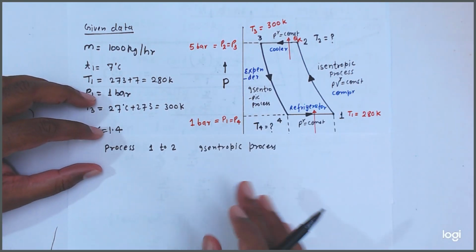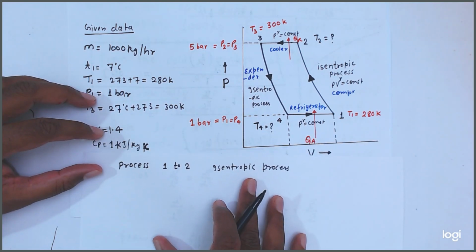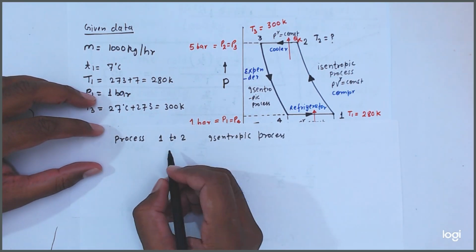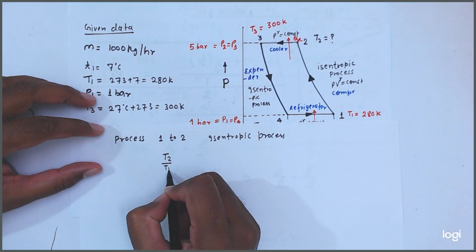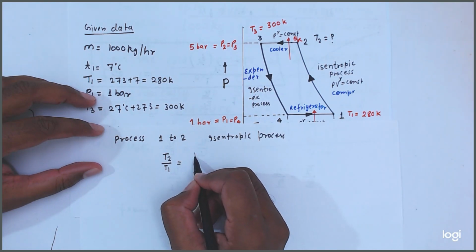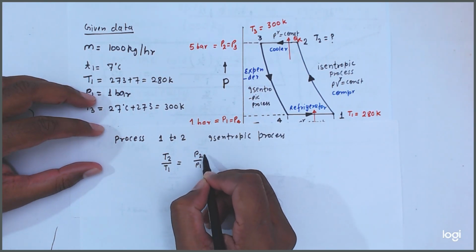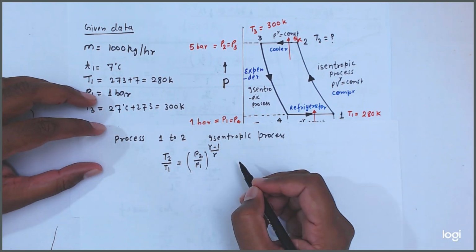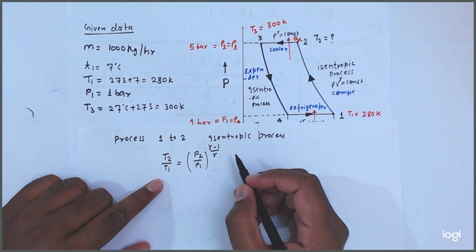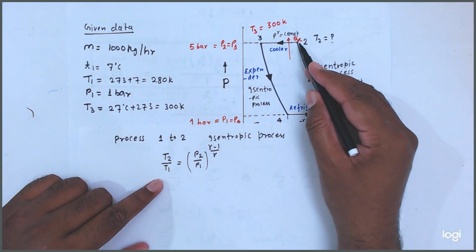Now here, friends, T2 upon T1 is equal to P2 upon P1 to the power gamma minus 1 upon gamma. This is the relation when the process is isentropic.